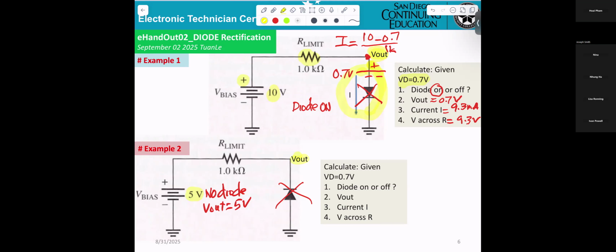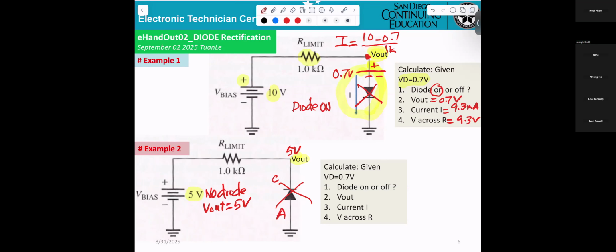The diode will be on or off? Off. If no diode, you get 5 volts here. You can see the anode and cathode here.